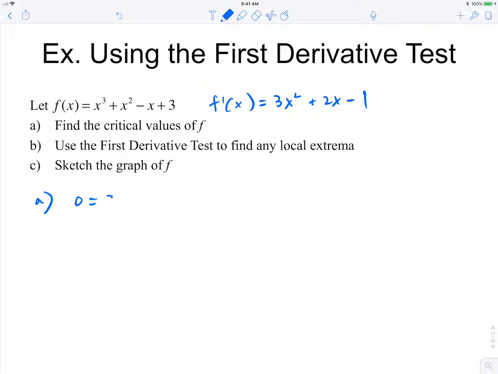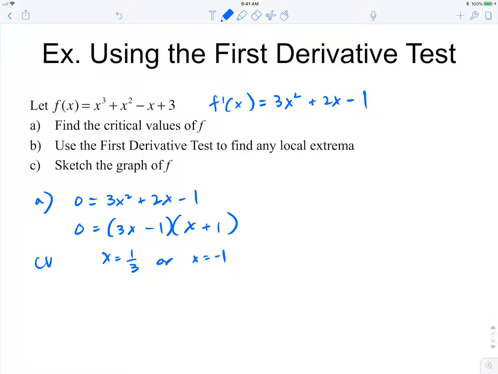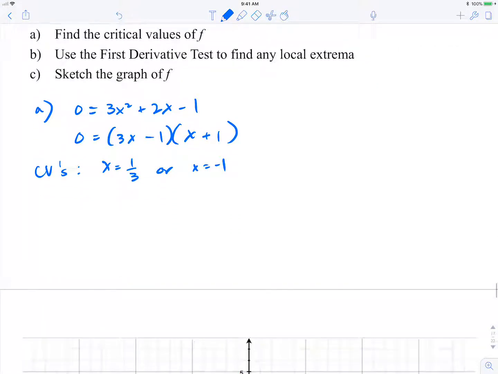The derivative is not going to be undefined anywhere, so we're just looking for the values of x that will make the derivative equal to 0. Okay, so these are our critical values: x equals 1/3 or x equals -1. So now we're going to apply the first derivative test.